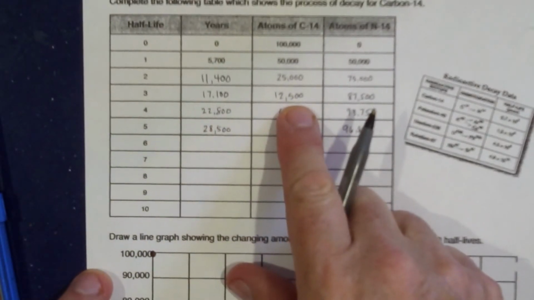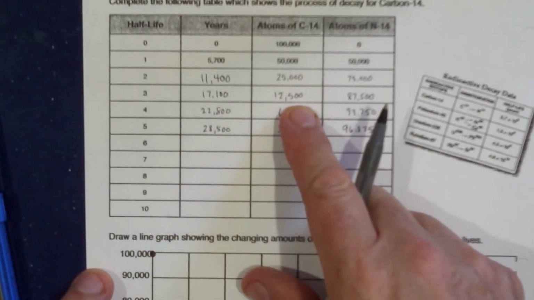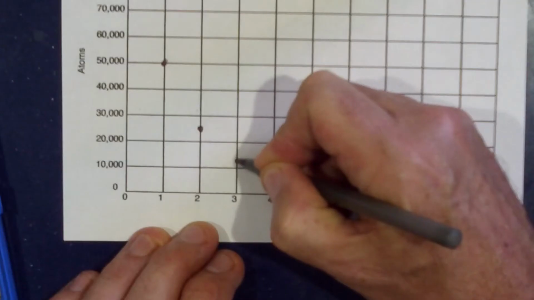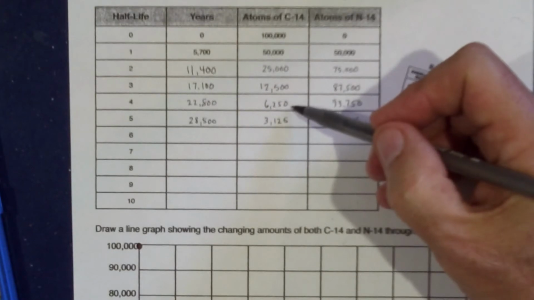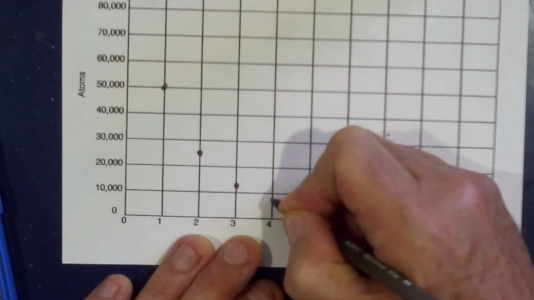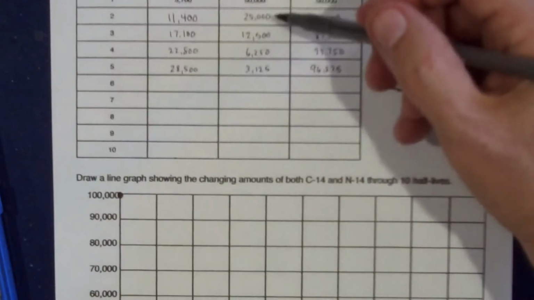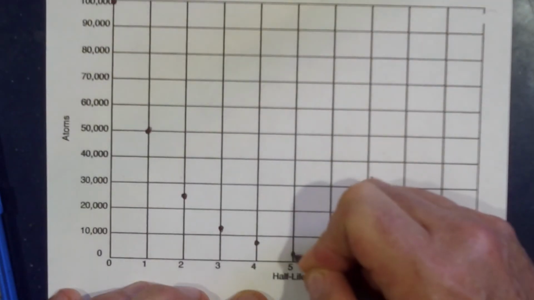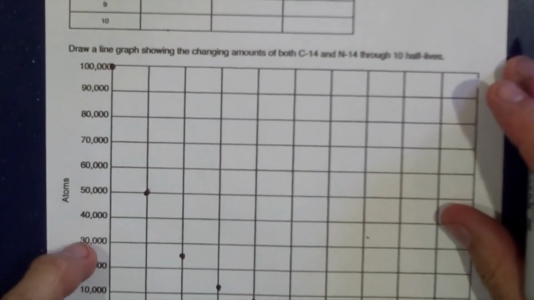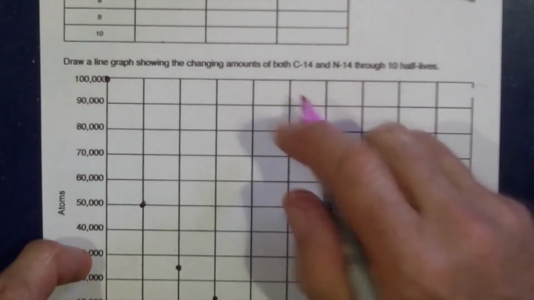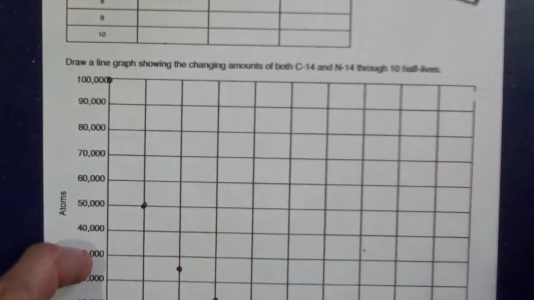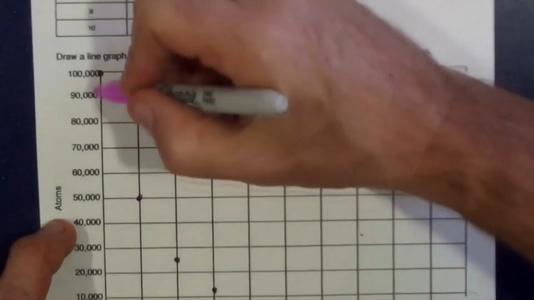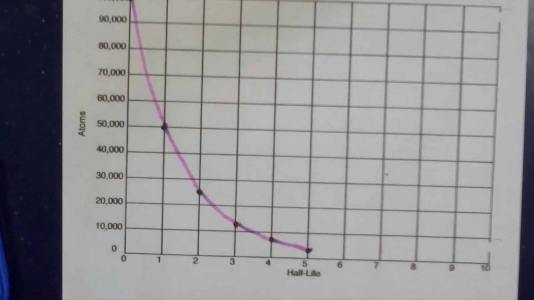After 3 half-lives, the number of carbon-14 atoms dropped to 12,500. After 4 half-lives, 6,250. After 5 half-lives, 3,125. Part of your homework is to complete the graph at the bottom and to draw a line that connects the values of carbon-14. Please continue out to this section.